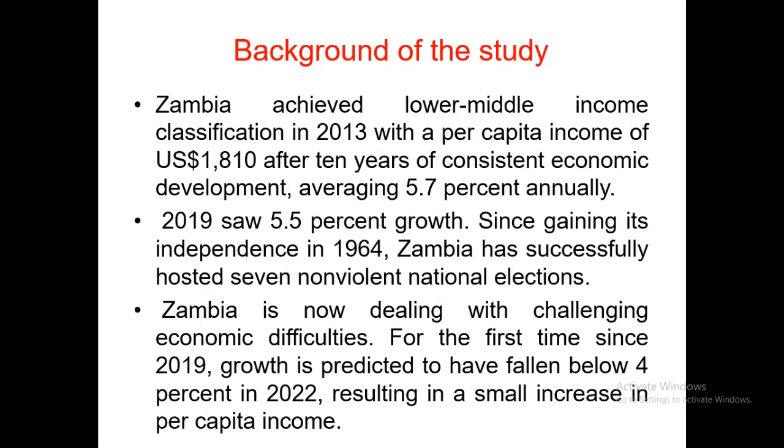Now, what is our background of the study? The background of the study encompasses the whole country. Since research is to find a solution to a problem, we thought putting it generally is much better than focusing only on Kaplanga. The background says Zambia achieved lower-middle income classification in 2013 with a per capita income of 1,810 after 10 years of inconsistent economics.